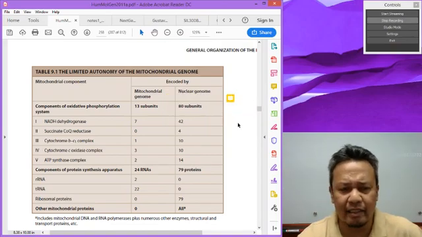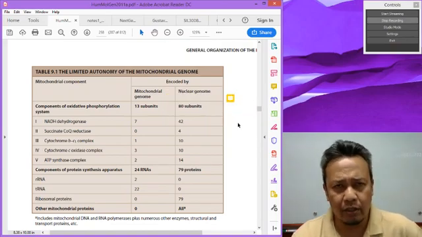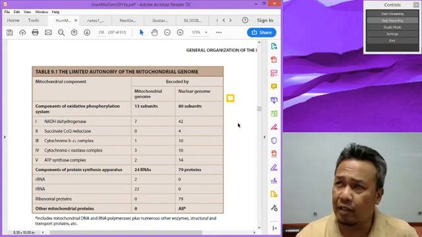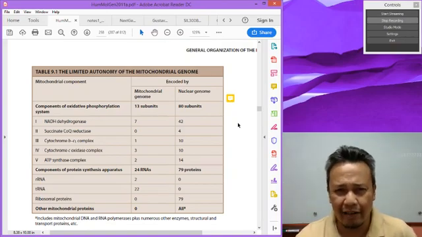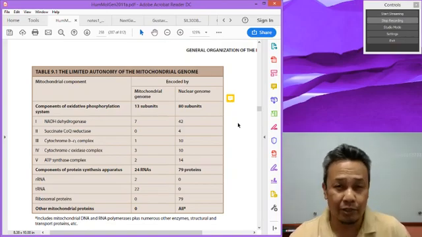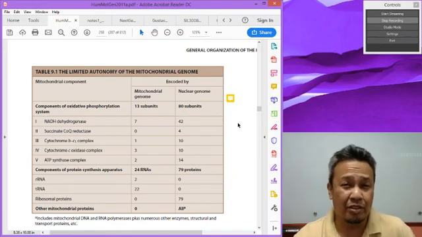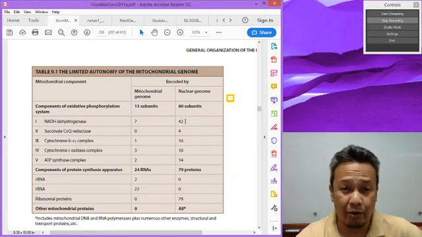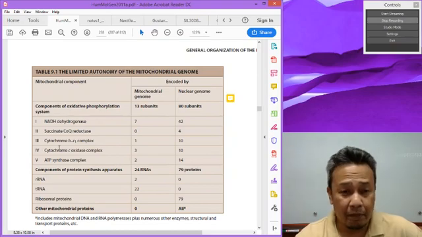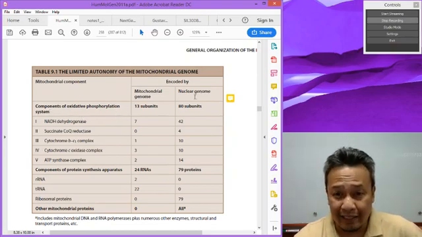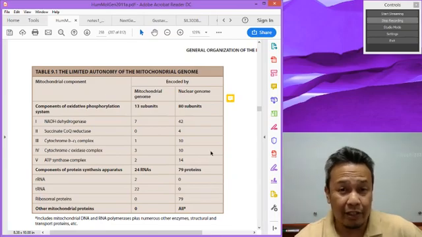It just says that while the mitochondrial genome has 37 genes, it has its own tRNA and its own ribosomal genes, but the other genes, the structural genes, come from the nuclear genome. So here, for the different functions of the mitochondria, you can see the contributions of the nuclear genome.